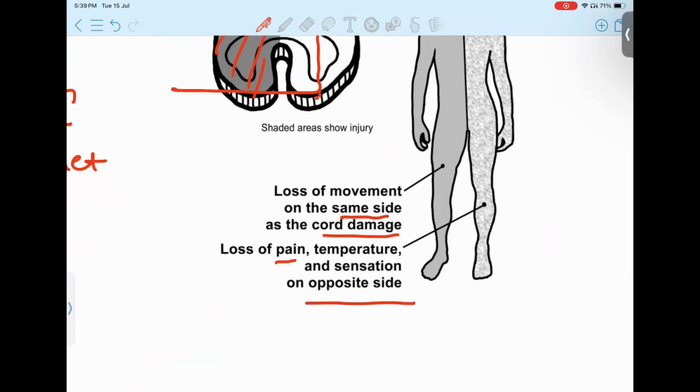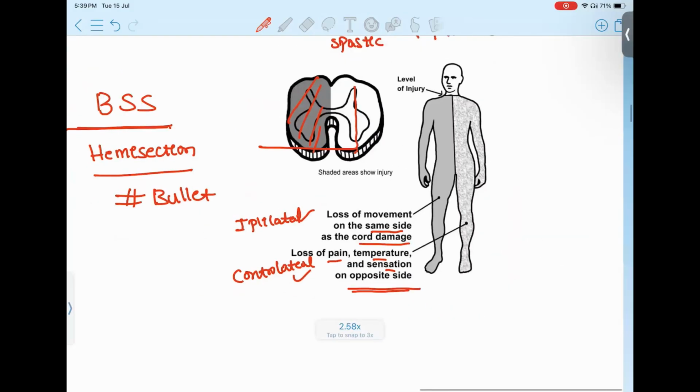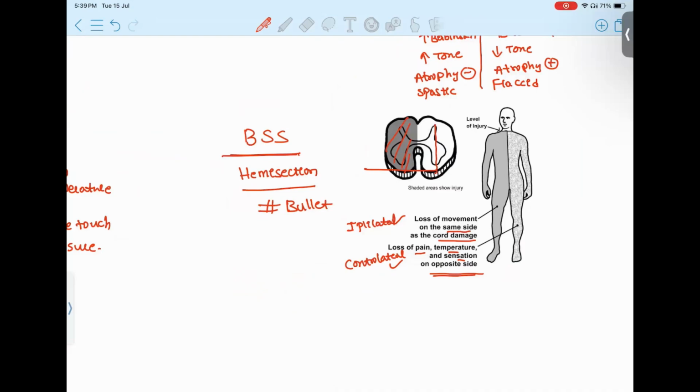So the pain and temperature sensation will be lost on the opposite side. So this is the presentation of Brown-Sequard syndrome. If the dorsal column pathway is involved, there will be ipsilateral changes. If the spinothalamic pathway is involved, there will be contralateral changes of symptoms. That is what you have to understand from Brown-Sequard syndrome.